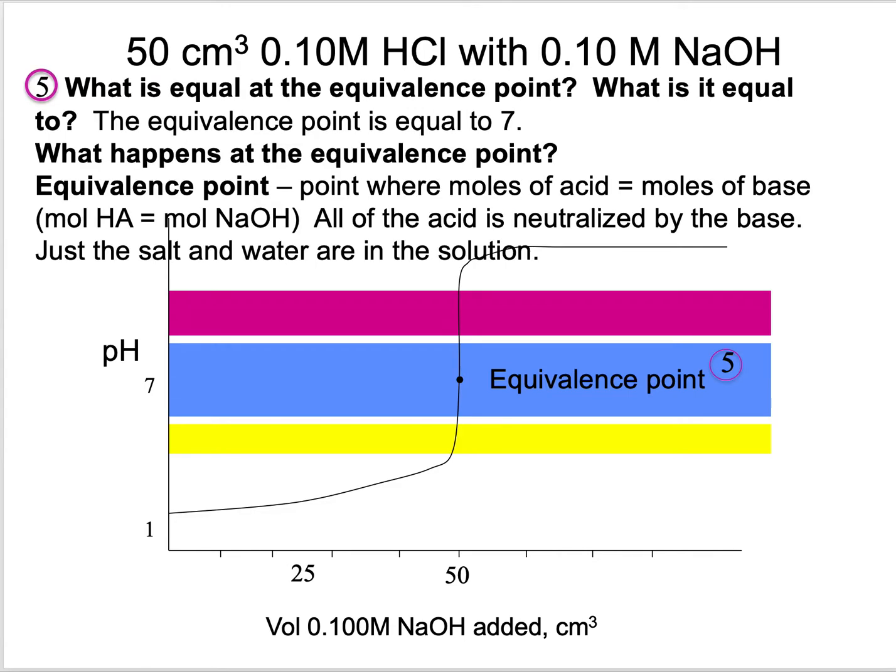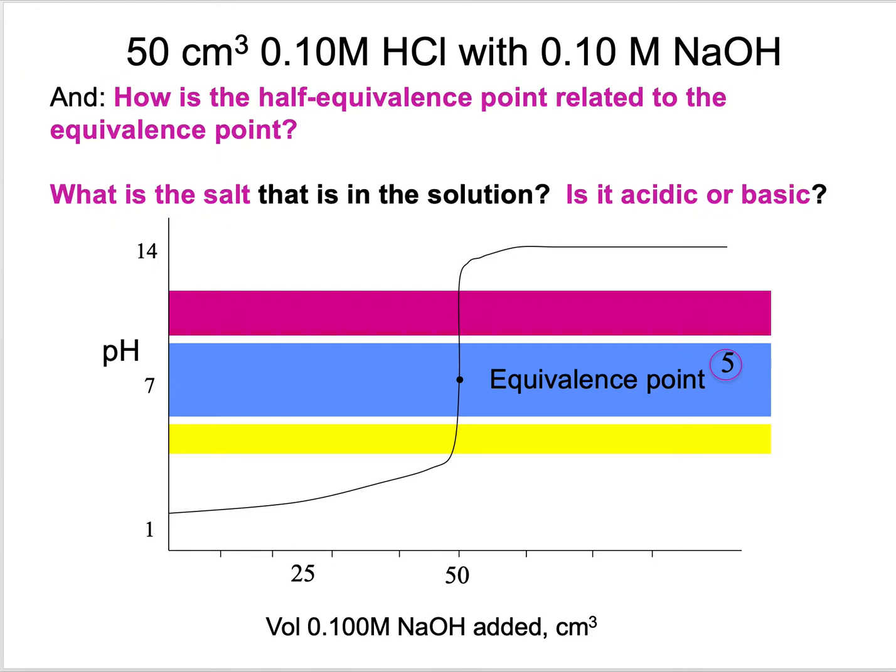And so what's equal at the equivalence point, where your moles of acid equal moles of base, and here it's a 1-to-1 ratio, really need the equation here, and all of the acid has been neutralized by the base at that point, and depending on the indicator that you use, that will be the color change of the indicator, but the actual pH value from a pH probe is more significant.